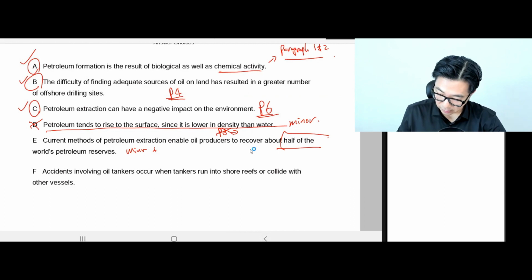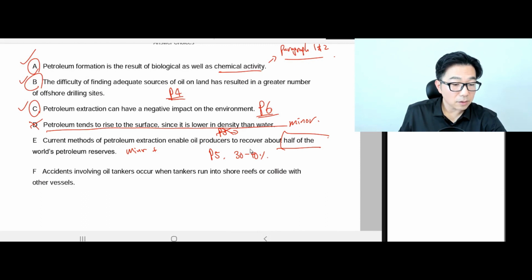Yeah, paragraph 5. Second last sentence of paragraph 5: even given the best extraction techniques, only about 30 to 40% of the oil in the given pool can be brought to the surface.